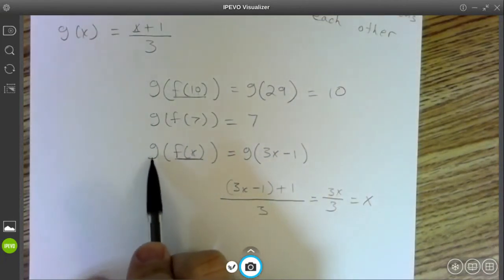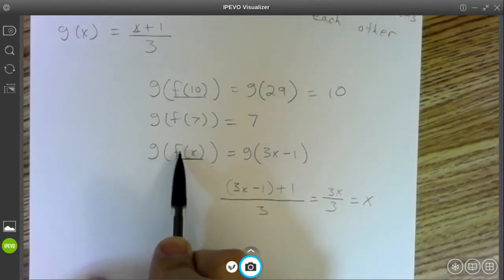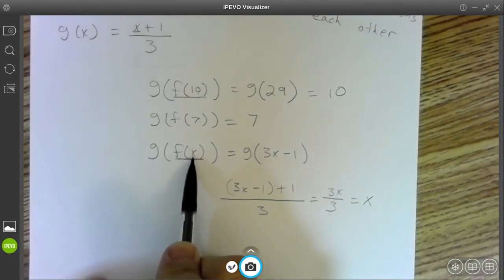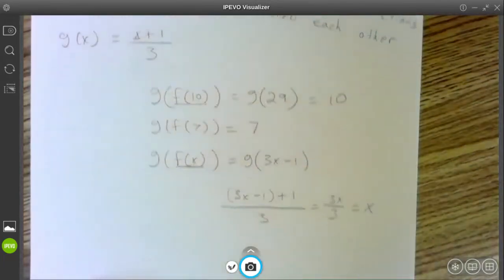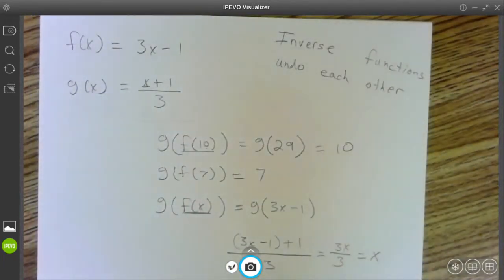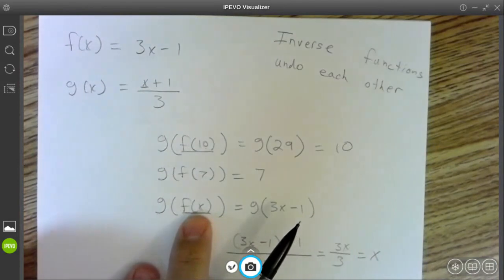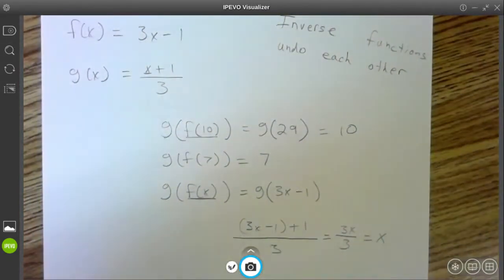So in general, the g function completely cancels the f function, and I'm left with whatever my original input was. When you compose two functions which are inverses of each other, they cancel each other out, and you're just left with your original input.